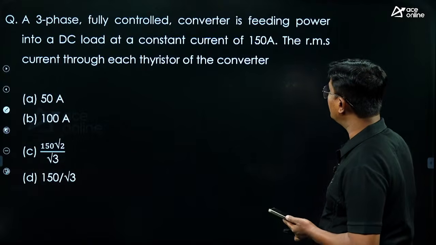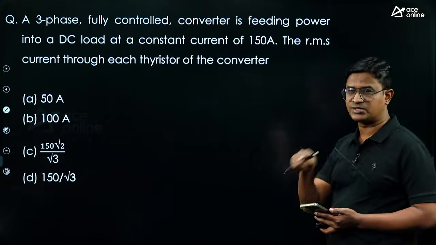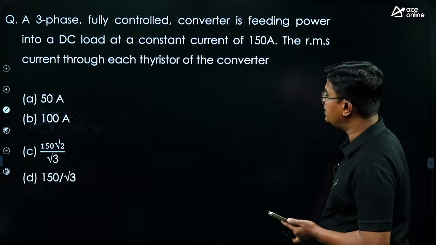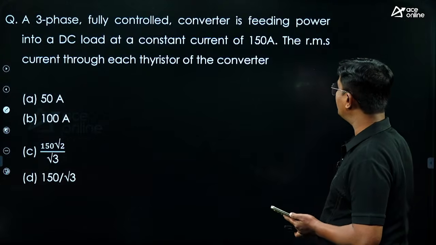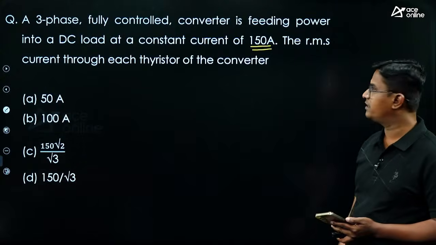A three-phase fully controlled converter, that is a three-phase full converter where the 6 SCRs are used in a bridge configuration, is feeding power into a DC load at a constant current of 150 ampere. Load current is constant, that is the load is highly inductive.